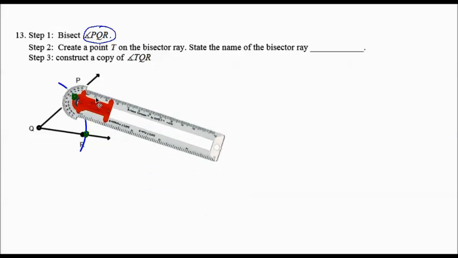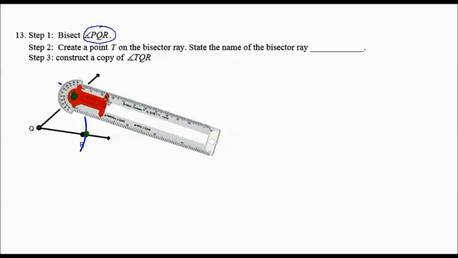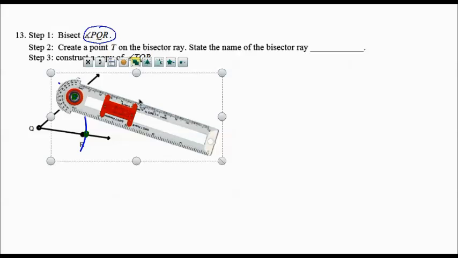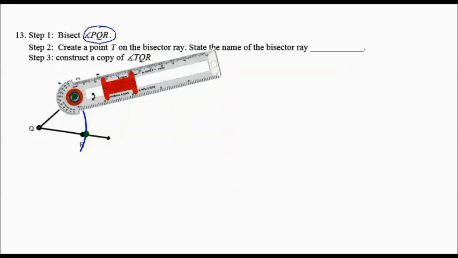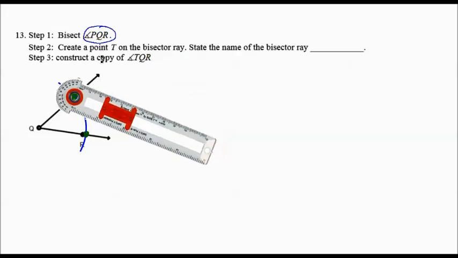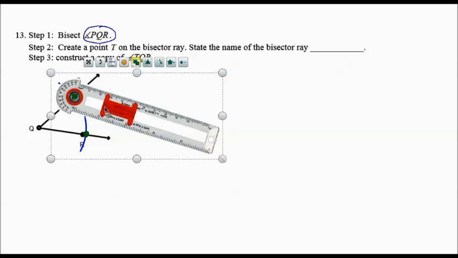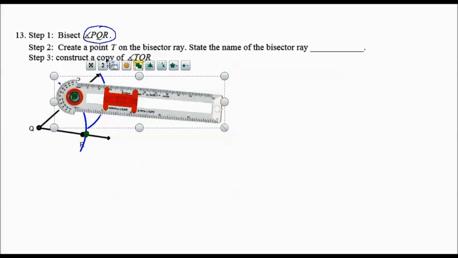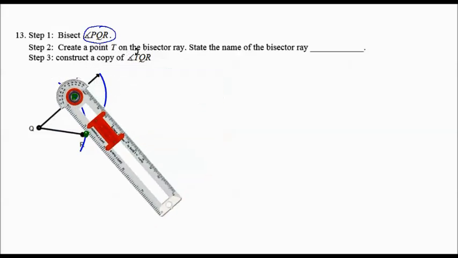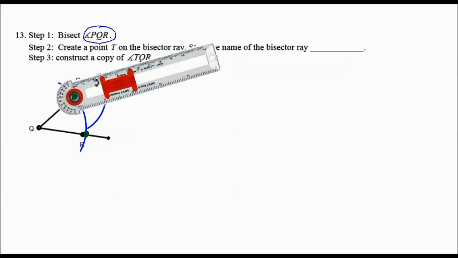Let's try this point here. You're going to open up the red slider of your compass so that you can rotate your compass like this to do a little arc with your pencil right here. So I rotated my compass and created that arc.